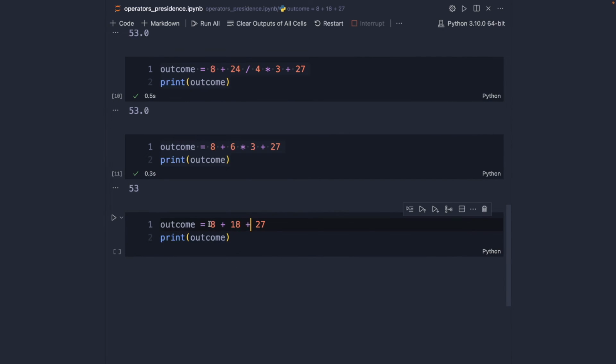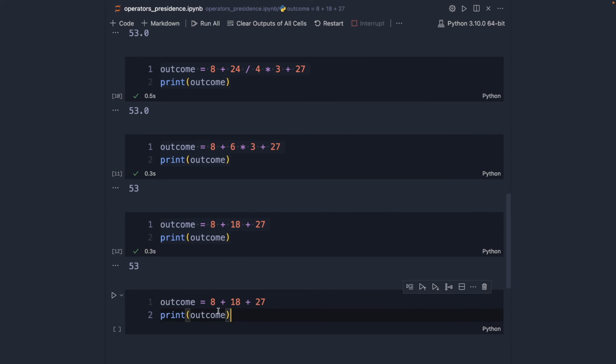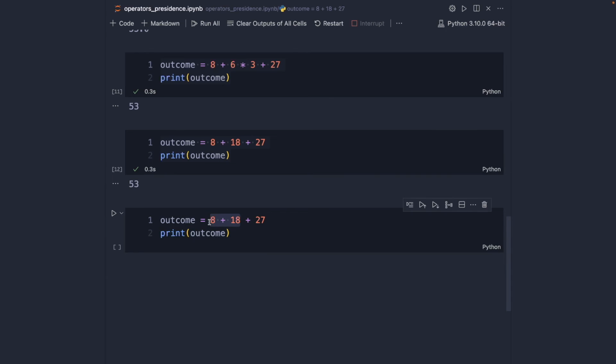Now we have addition and assignment, and higher precedence goes to the addition operator, but we have multiple addition operators. When operators have the same precedence, they will be evaluated from left to right. So this part will be evaluated first. Let's evaluate this part first to 26.